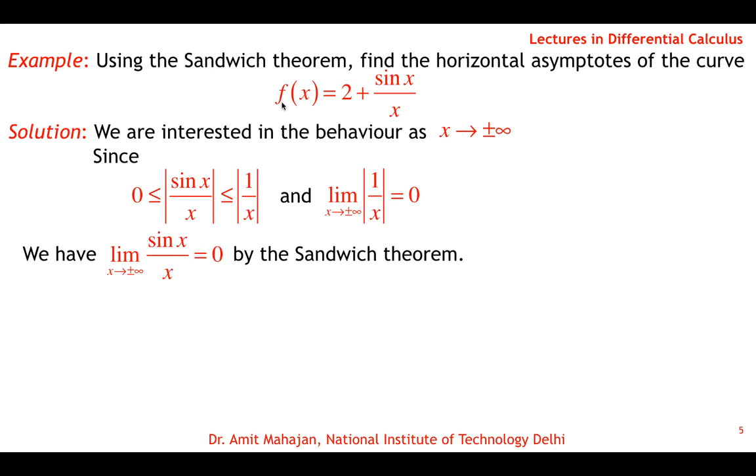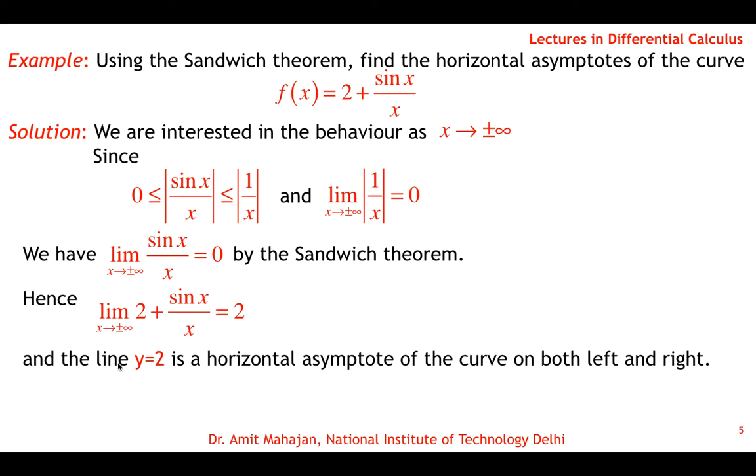And so the limit when x goes to plus infinity and minus infinity on this f(x), if you calculate, because this is going to 0, this sum will go to 2. So the limit as x tends to plus or minus infinity on this function f(x) is 2. You can see that y is equal to 2 is a horizontal asymptote to the right and also to the left.